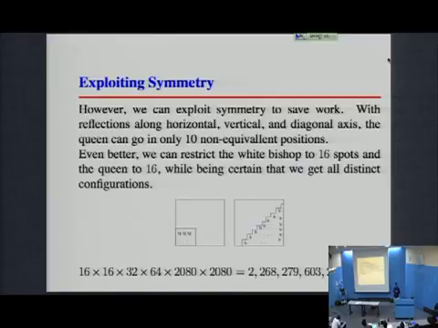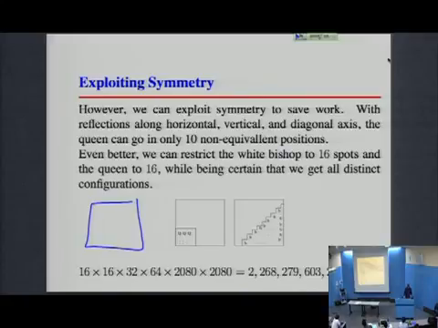There are a couple of different ways to handle symmetrical copies. The simplest idea might have been to say, wait a second. If I had a board here, my king is in a unique position.